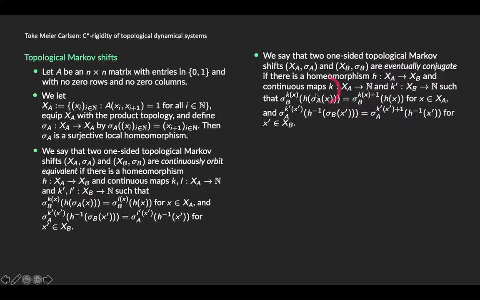So eventual conjugacy is stronger than continuous orbit equivalence, and I haven't written down what conjugacy is, but conjugacy is just the case where we have eventual conjugacy and where k and k prime are constantly equal to 0. But in connection with Cuntz-Krieger algebras, continuous orbit equivalence and eventual conjugacy will be more relevant than conjugacy.